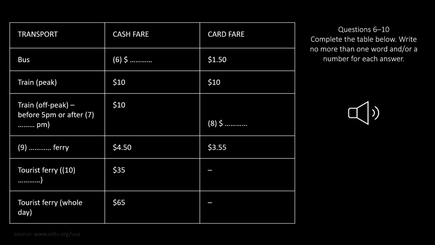Wait, do you have a travel link card? No, but I can get one before tomorrow. Okay, well that'll make it considerably cheaper then. The bus will cost $1.50 each way, and the train to Harbour City will still cost $10 because you'll be travelling during peak hours in the morning, so no savings there, I'm afraid. However, if you could come back at an off-peak time... What does that mean? Well, if you could start your return journey before 5 p.m. or later than 7:30 in the evening... Actually, I wasn't planning on coming back till at least 8 o'clock anyway. Oh, in that case, you can make quite a saving if you use your travel link card.